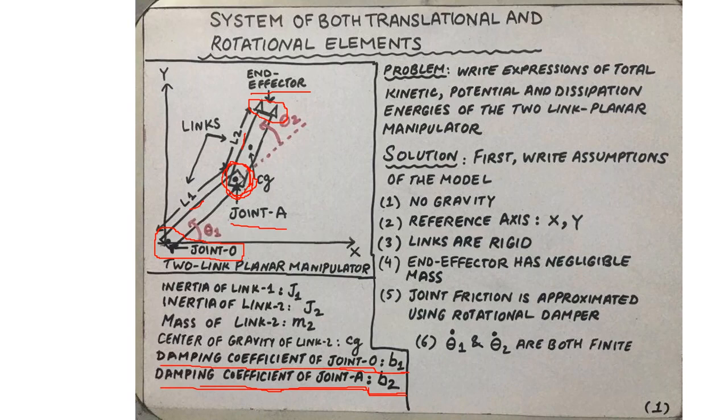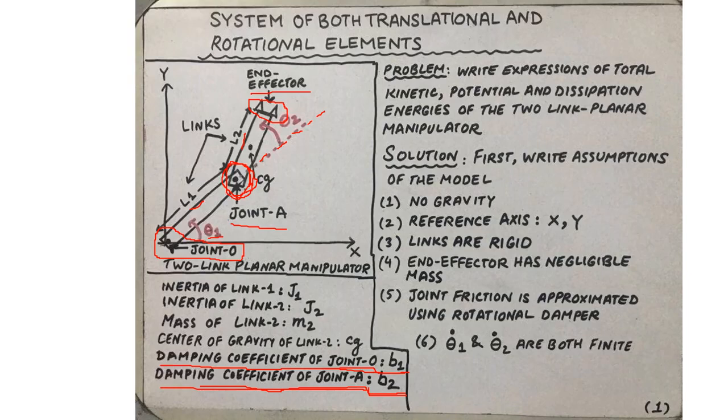The link 1 makes an angle θ1 with respect to x-axis, and link 2 makes an angle θ2 with respect to the axis represented by dotted line that is drawn along the length of link 1.